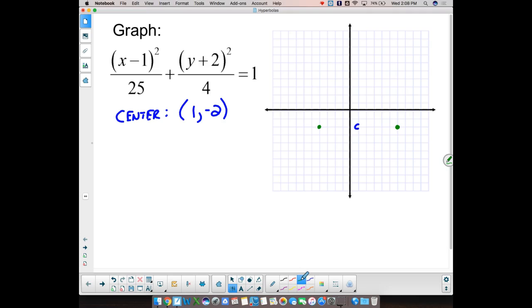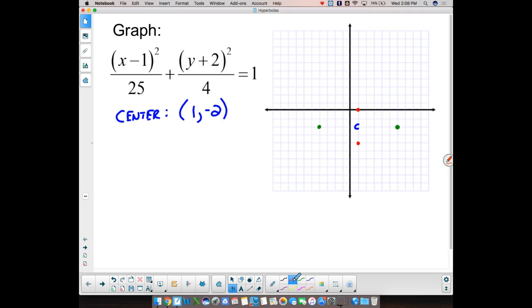Okay, B value. B squared is 4, so B is 2. So that means I go from my center, I go up and down 2. So up 2, 1 and 2, down 2, 1 and 2. Okay? So that gives me the framework for my ellipse.